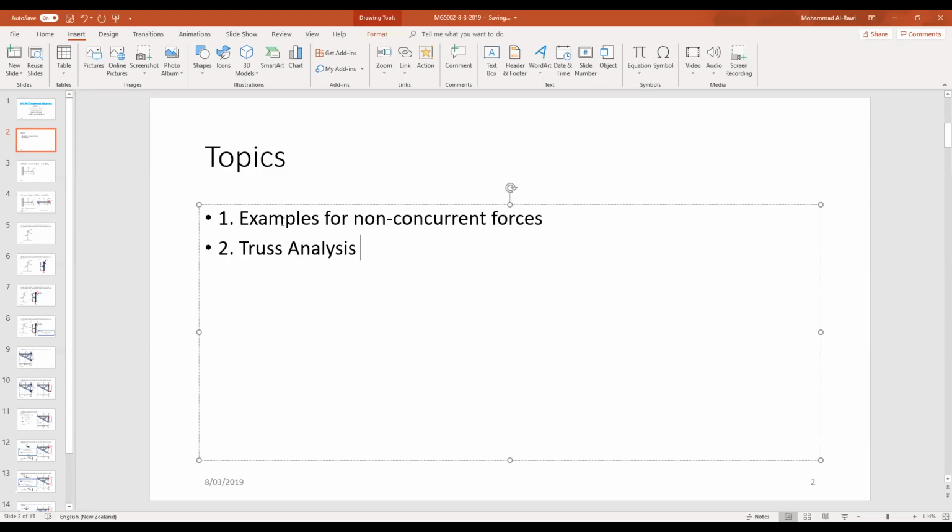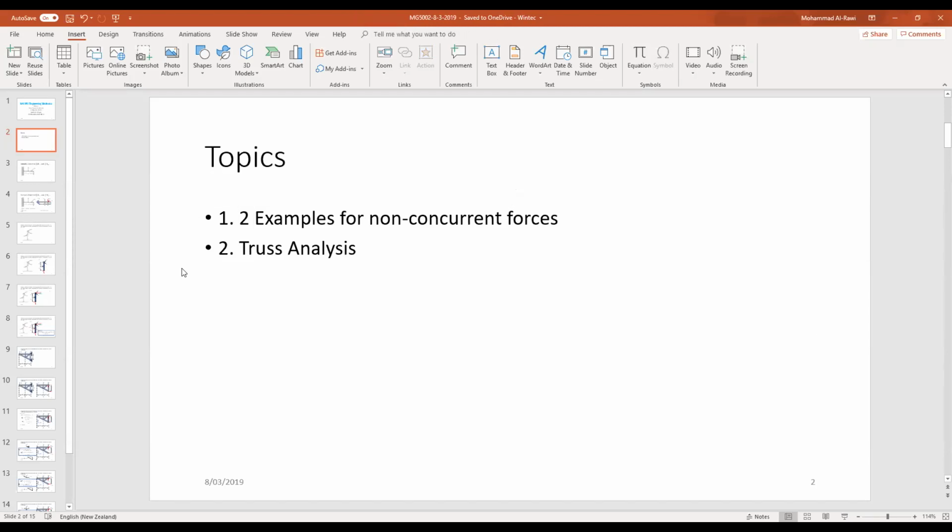We'll go through it. Those are the most important topics. So 2 examples for non-concurrent forces, and 1 example of truss analysis, which has a mix of concurrent and non-concurrent forces. So the truss analysis is kind of an application where we can apply both methods of calculating forces and moment.